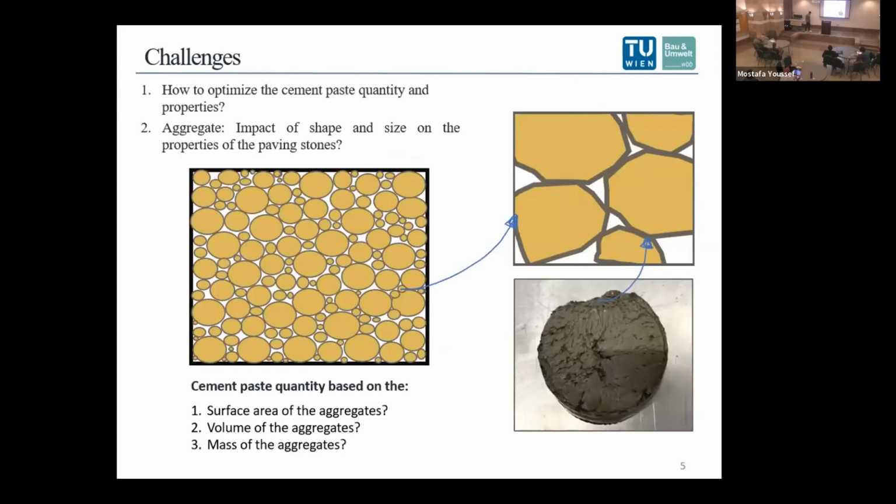First thing we tried to do was to optimize the cement paste by relating it to the aggregate volume. It was not easy, and I can say that we failed.